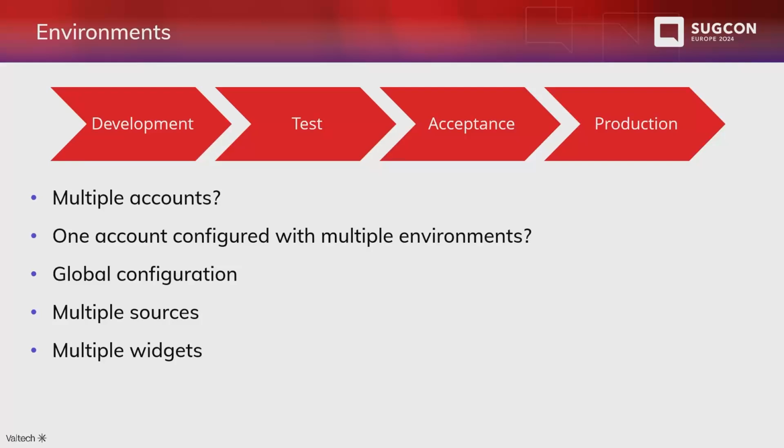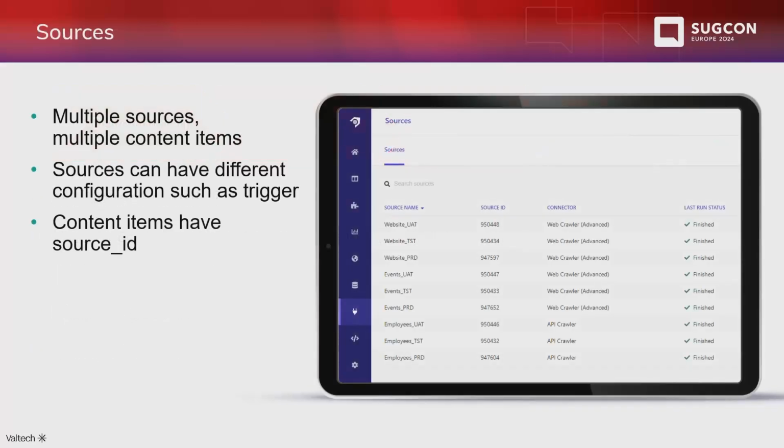There are a lot of things that can be configured globally for all the different sources. That's fine. We have multiple sources. We can have multiple widgets, right? So we could create a widget that we would use for test, and one that we would use for production and so forth. The problem with the widgets is, again, how do we make sure that they are actually kept in sync, right?